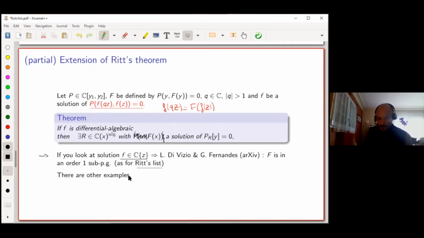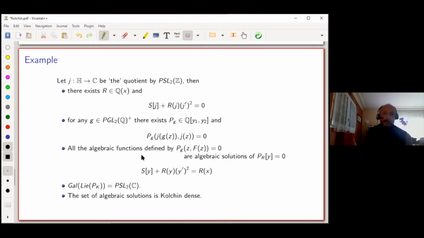But there are other examples not satisfying this hypothesis. And I will end with this example. The example is coming from the J function, the classical J invariant, which realizes a quotient of the upper half plane by the modular group PSL2 of Z. And there are many, many things that we know about this J function.